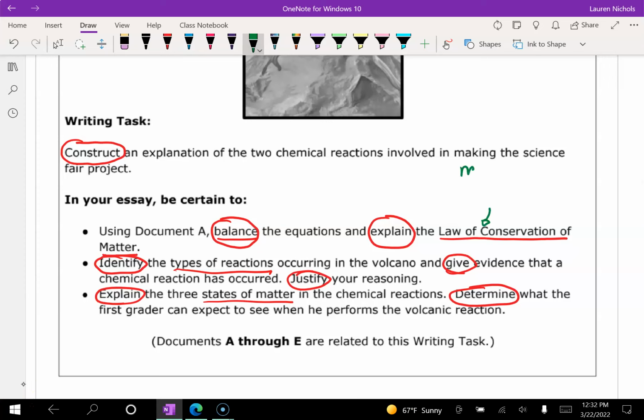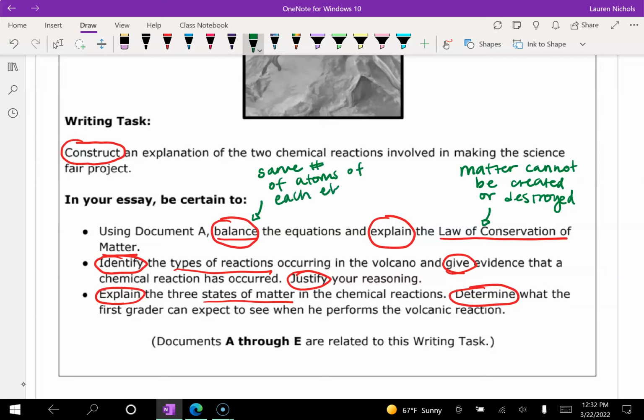So the law of conservation of matter says that matter cannot be created or destroyed. It can only be rearranged or changed, but you can't make it, you can't destroy it. That's why we balance things, because when something is balanced, it means it has the same number of atoms of each element on both sides.